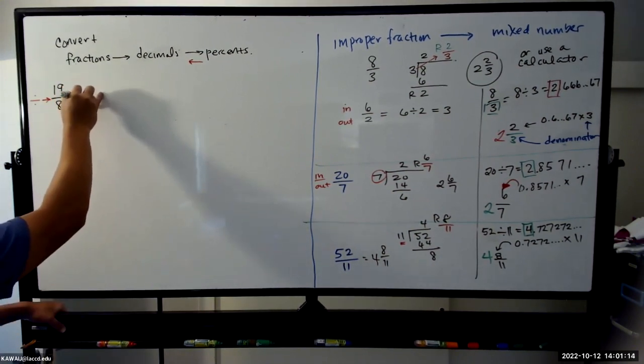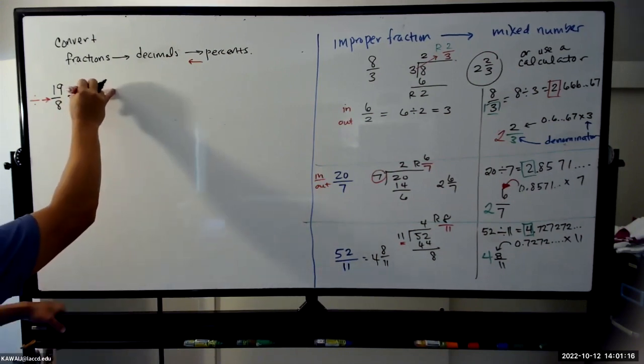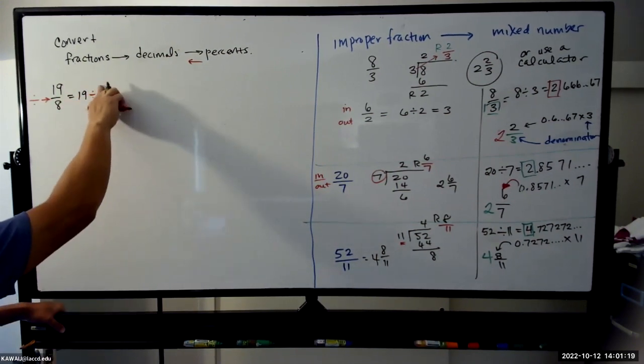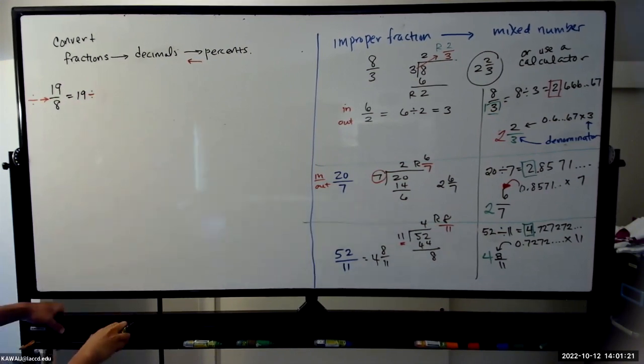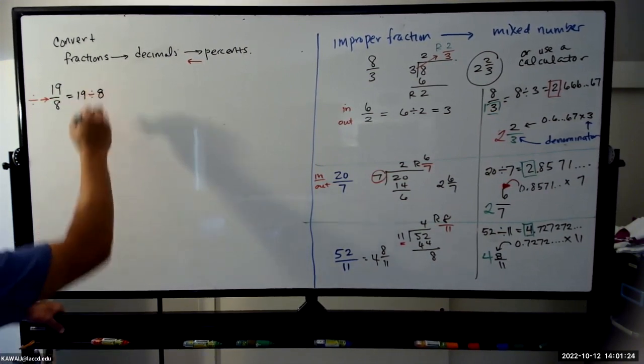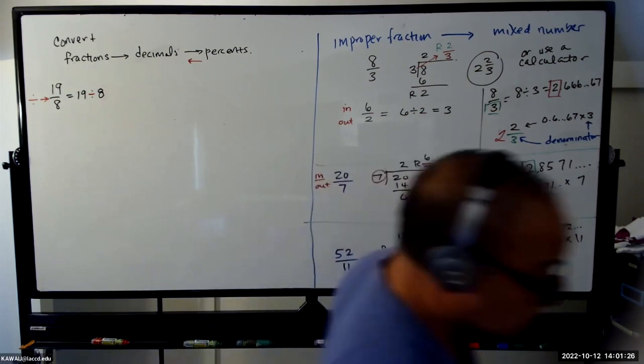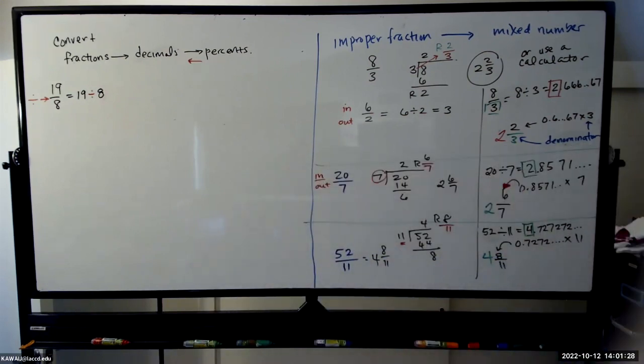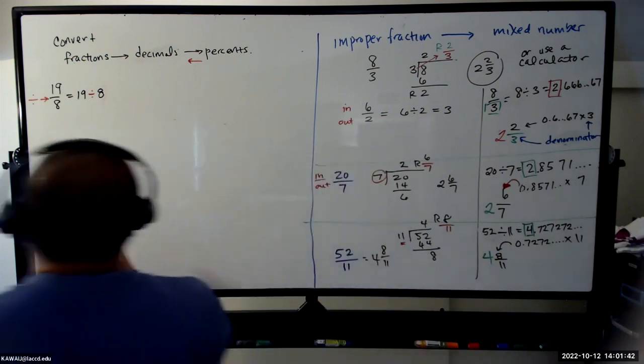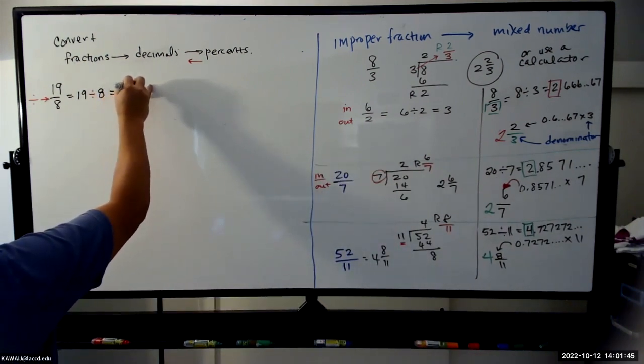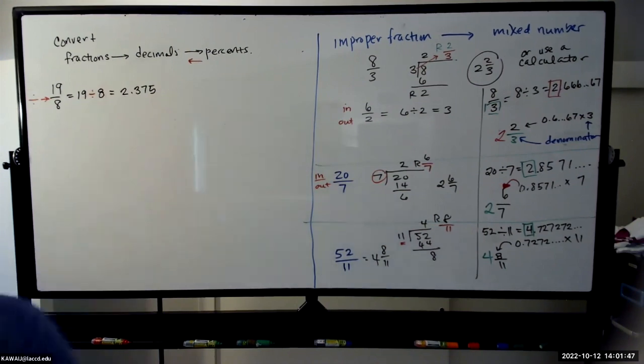So in your calculator, you just do this, and I get 2.375.